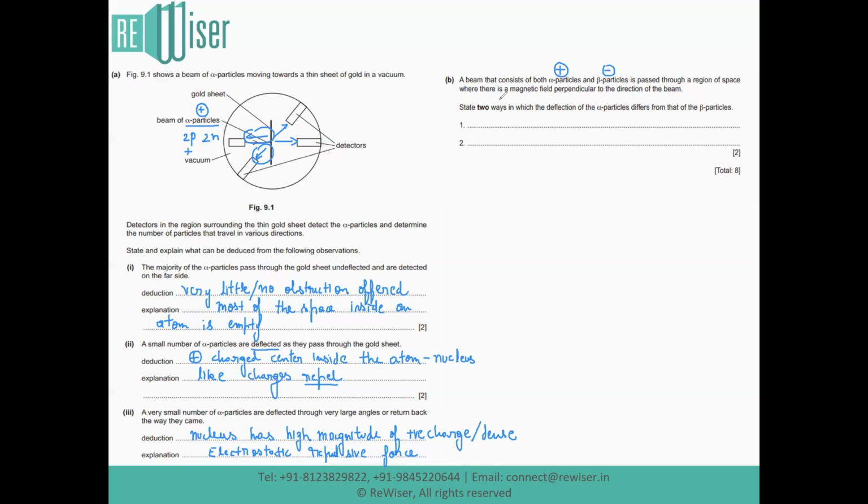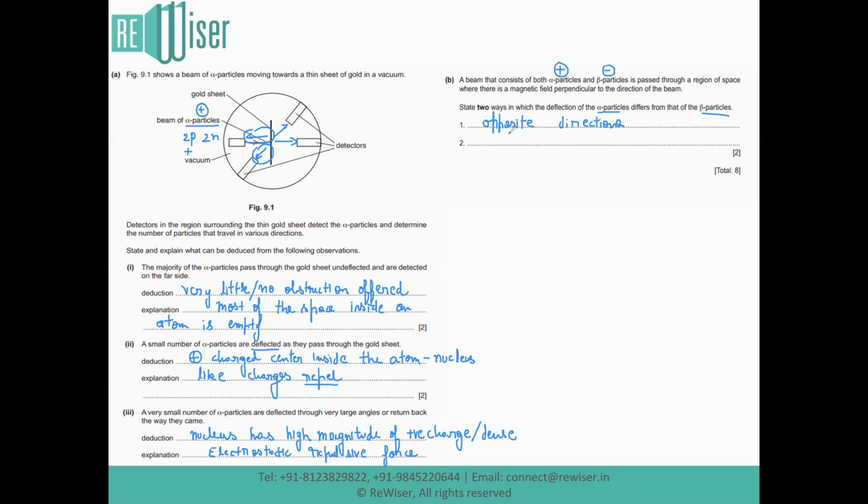Let's read the question. State two ways in which the deflection of the alpha particles here differs from that of the beta particles. So while both alpha and beta particles do deflect, we understand that alpha particles are going to be deflected in the opposite direction to that of beta particles, simply owing to the fact that they have opposite polarity of charges.